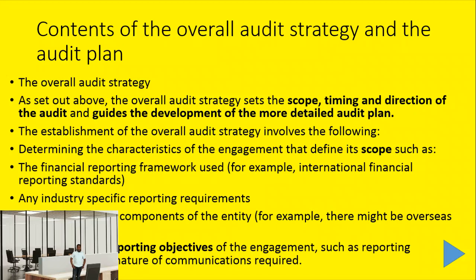Audit strategy memorandum is what we can equally call audit planning memorandum. So when you hear audit strategy memorandum or audit planning memorandum, please know that they are talking about the same thing. Okay, so what should be in an ASM or in an APM?